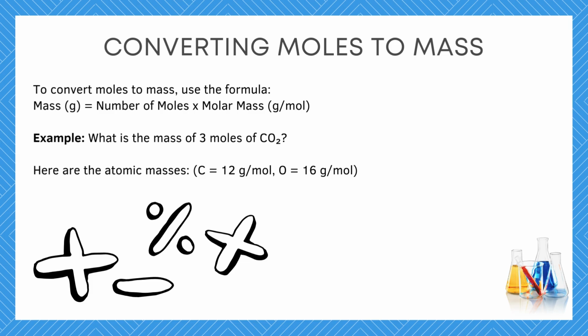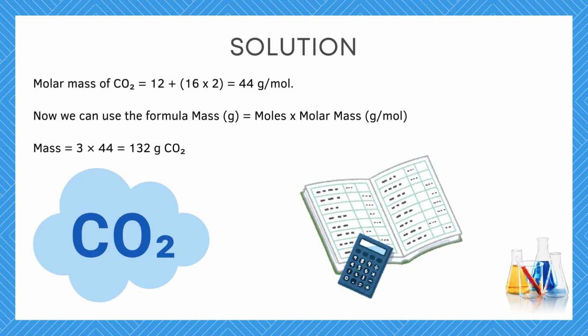So how do we find the molar mass? Now, the molar mass of CO2, remember the compound we're dealing with is carbon dioxide, CO2. CO2 contains one atom of carbon, which is 12 grams per mole. And CO2 also contains 2 atoms of oxygen, which is 16 grams per mole multiplied by 2. 16 multiplied by 2 gives us 32.